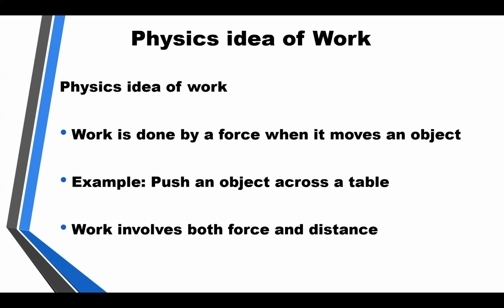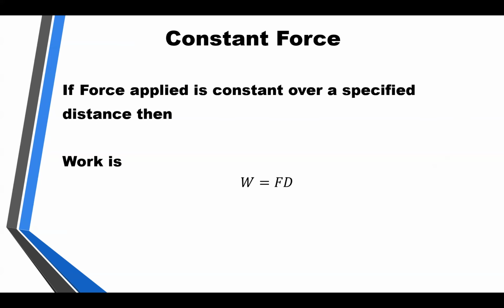Work is going to involve both the force it takes to push the object and the distance that you push it. When we deal with a constant force, in other words, I'm applying that force as a constant pressure over a specified distance, then work is calculated by just multiplying that constant force times the distance.